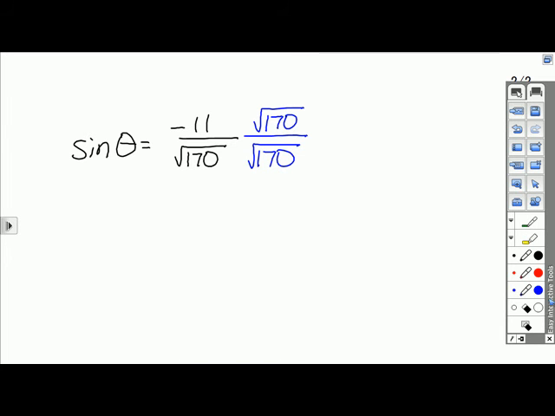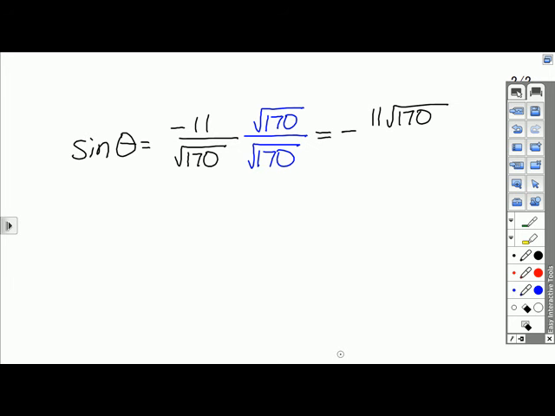And so that would give me an answer. I have -11 times the square root of 170 on top. It's a number times a radical, so I don't really do anything with it. But down here, the square root of 170 times the square root of 170 is 170.